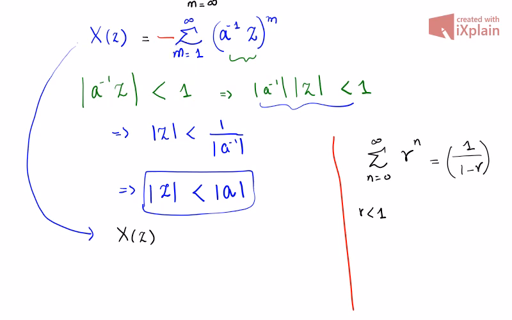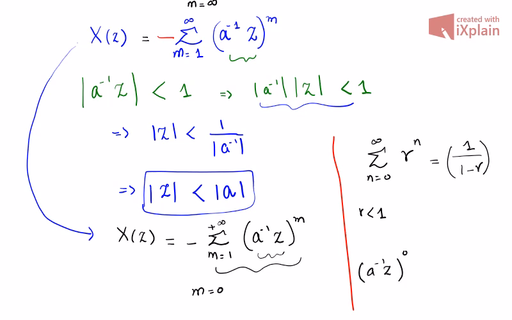And how can we do that? I'm just rewriting it here: a minus sign outside the summation, and m from 1 to plus infinity of a raised to the power minus 1 and z, raised to the power m. Now, what is the term for m equal to 0 in this summation? If you substitute m equal to 0, then a raised to the power minus 1 raised to the power 0 is equal to 1.